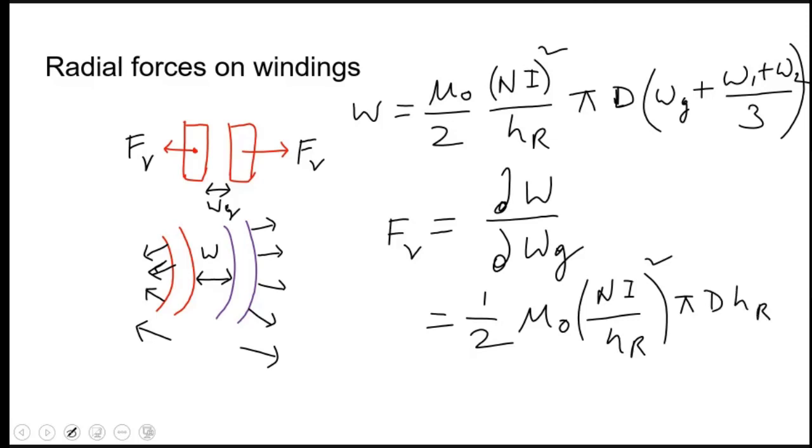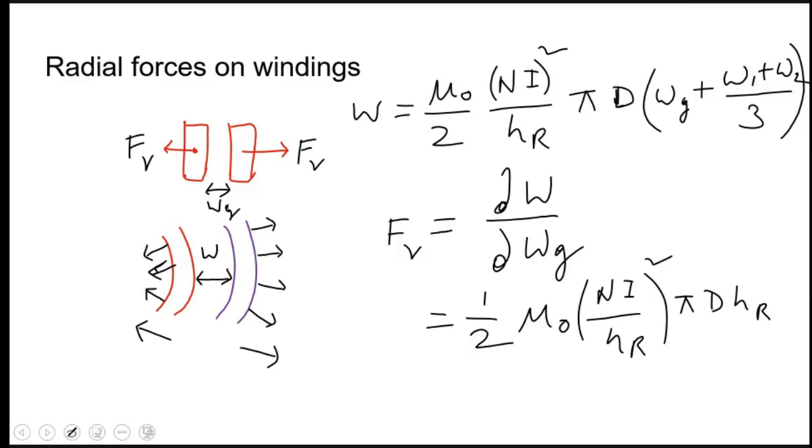Because I have made it whole squared here, I have again kept HR there. So this is how you will get the total radial force on either winding. Total radial force is this much.